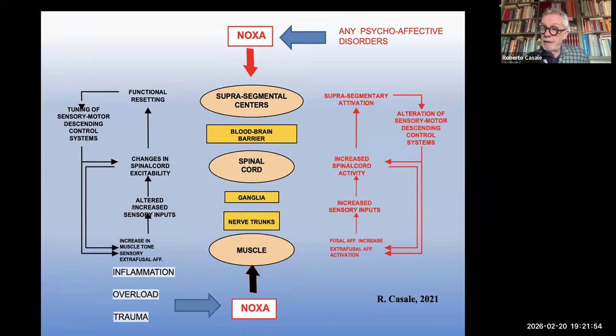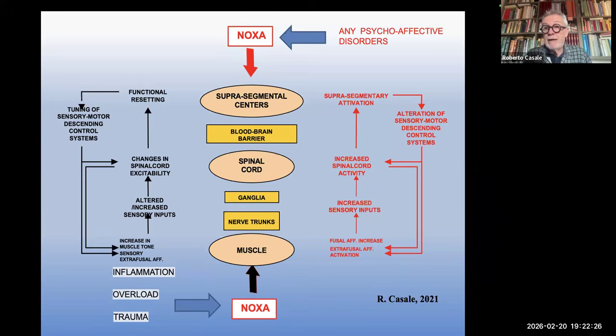Another important topic: we don't need only a peripheral pain generator, like inflammation, trauma, or overload. We may also have something like a top-down activation of the nociceptive circuitry.